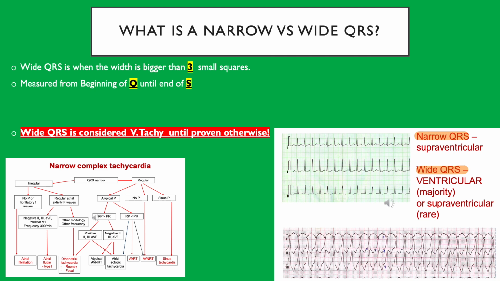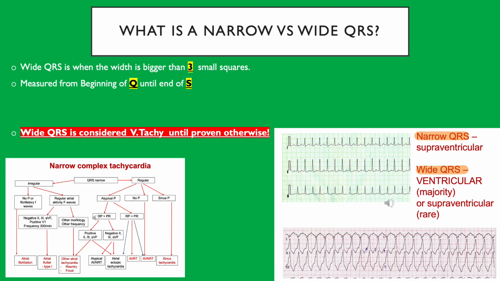And if you have a wide QRS, the majority will be ventricular, but some of them can be supraventricular. It's rare. So every time you have a wide QRS, you think ventricular tachycardia until proven otherwise, because it's so rare to have supraventricular with wide that you assume the most common. And then the narrow QRS is supraventricular.